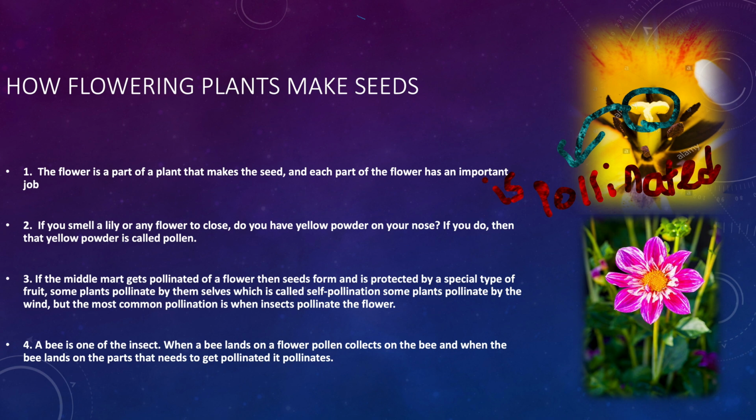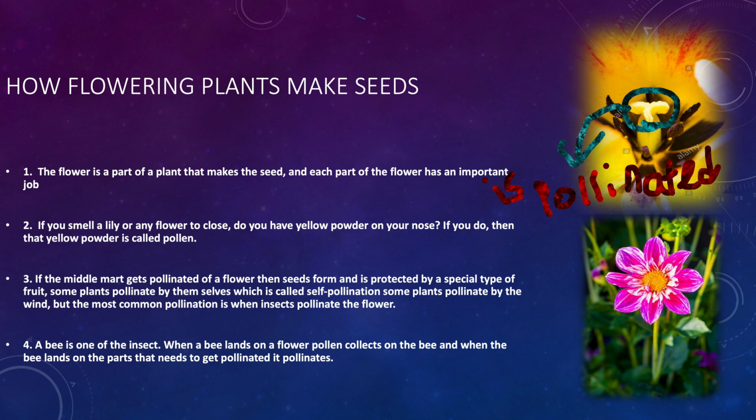How flowering plants make seeds. The flower is a part of a plant that makes the seed, and each part of the flower has an important job. If you smell a lily or any flower too close, do you have yellow powder on your nose?